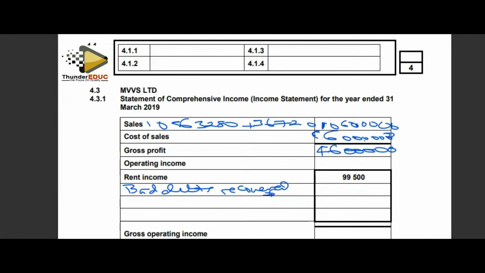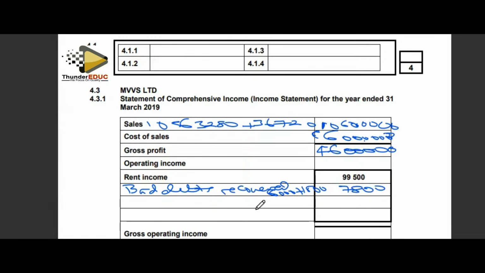We are going to get the 60,000, plus the 1,800, which is given. So this is going to be how much? 70,800.